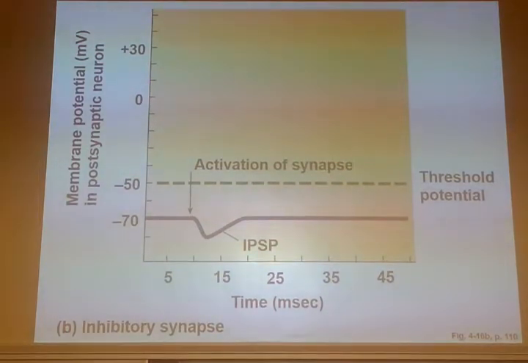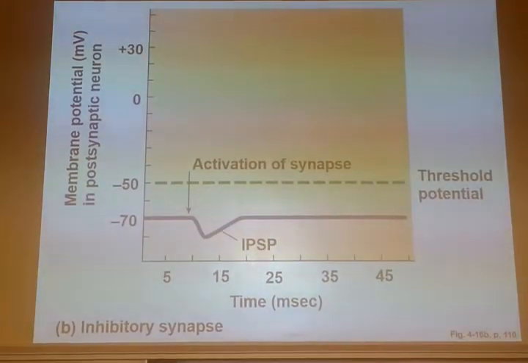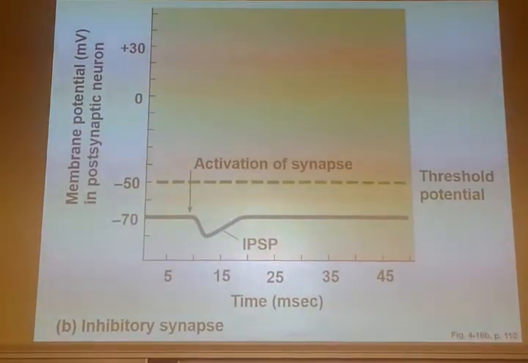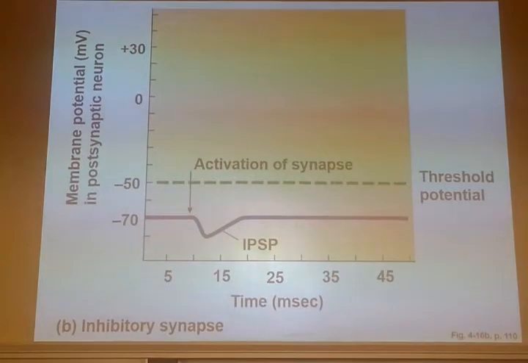If you were at resting membrane potential, to get to threshold in this situation, you've got to have 20 millivolts of positive charge come in to go from minus 70 to minus 50. So you have to cancel 20 millivolts of negative charge.